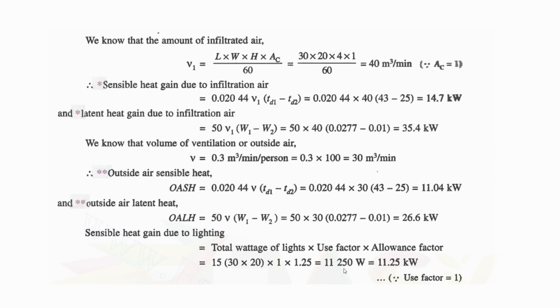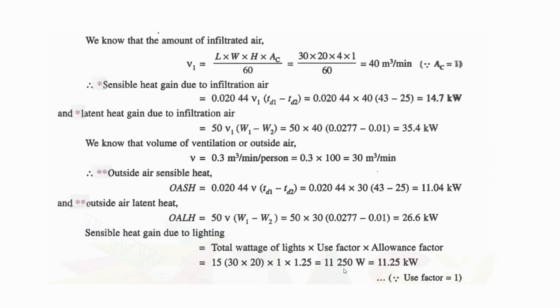Now the sensible heat gain due to lighting we can calculate. We are given 15 watt from each light, and they said to add a factor of 1.25. So multiplying, we will get 11.25 kilowatt from the light. Here we have to put a use factor.